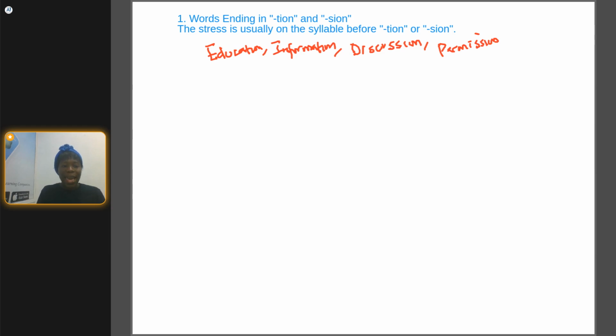All of these words end with tion or sion. So just know that the syllable before the tion or sion is the one carrying the stress.